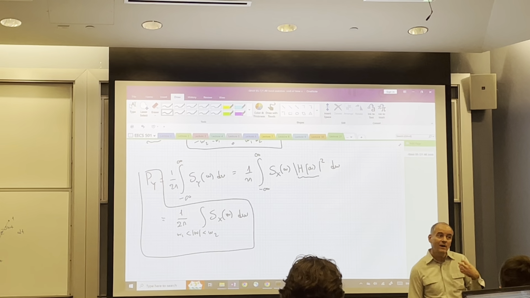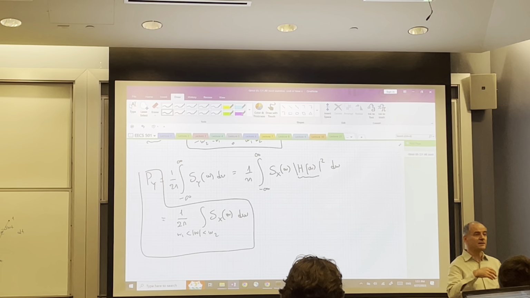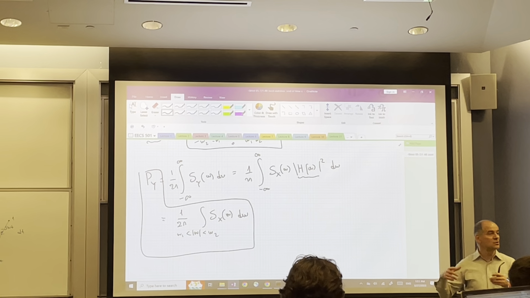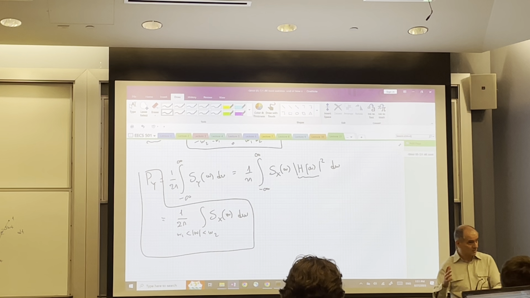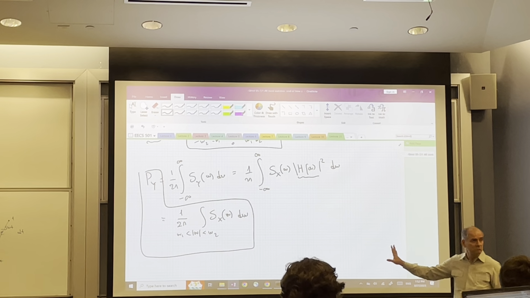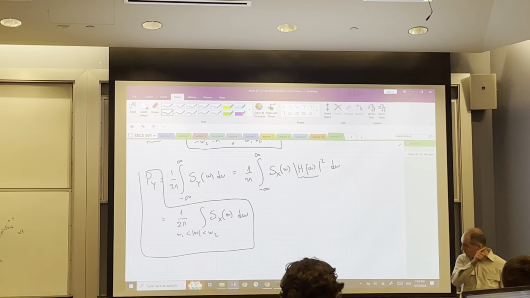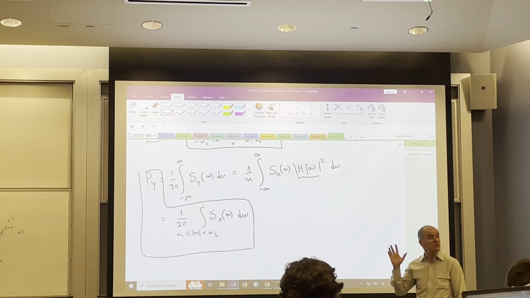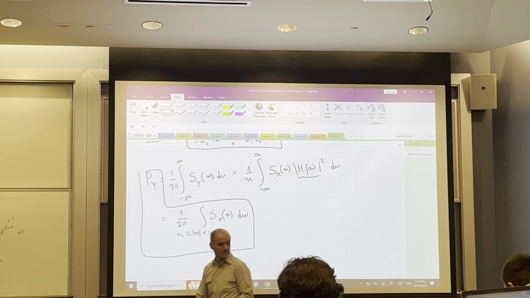So somehow I have to develop a similar theory of Fourier transforms, of autocorrelations, of power spectral densities for random signals. So you can think of this as a bridge between what you know for deterministic and what you know for random signals. Okay? You're right, there's no probability in here. But I'll get back to you and show you that there are a lot of hidden gems in here, some things that you would not be able to see otherwise unless you look at the frequency representation.